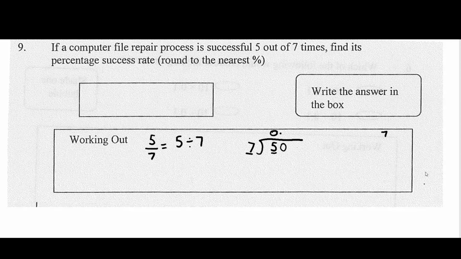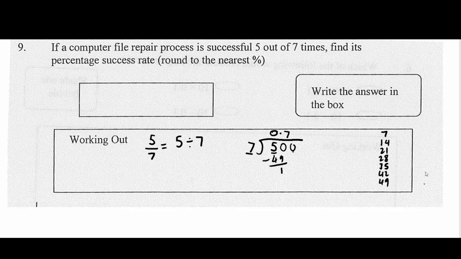It's good to put some 7 times tables here. 7, 14, 21, 28, 35, 42, 49. So it goes into 50 7 times. And 7 sevens, 49. 50 take 49, leaves 1.